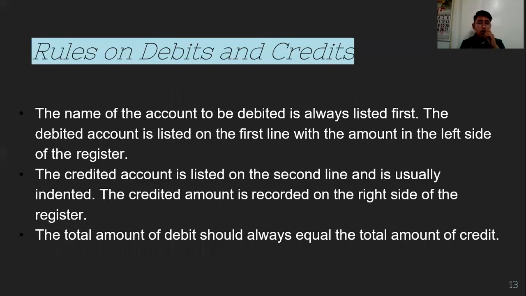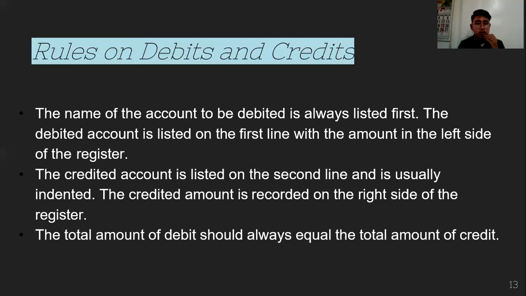Okay, so now we proceed to the rules on debit and credit. The name of the account to be debited is always listed first. So the first thing that we need to do is to always go first sa debit account or debit title.